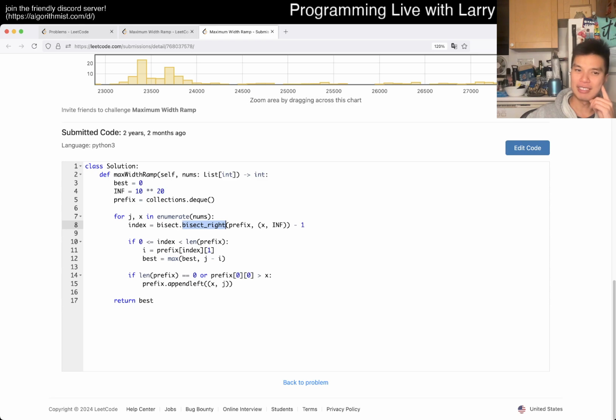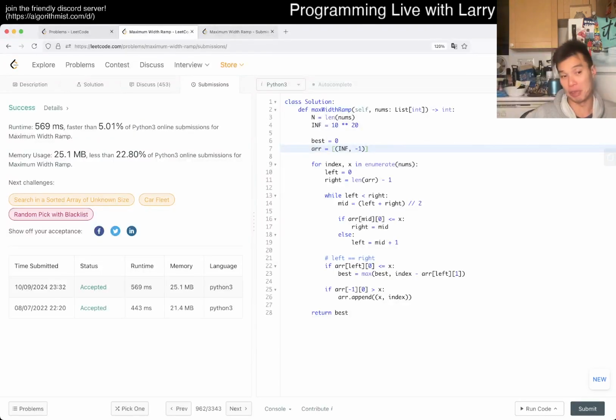I don't know how this works. Why is the bisect right good enough? Isn't there a way? Oh! I did an append left, so you could do a binary search. But this is awkward. I think past Larry is wrong, though the code is faster.